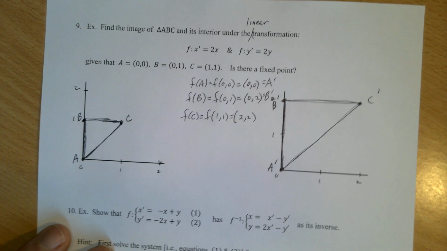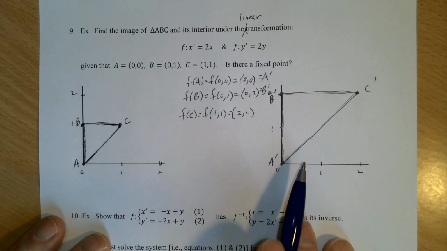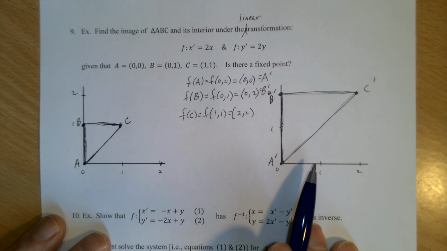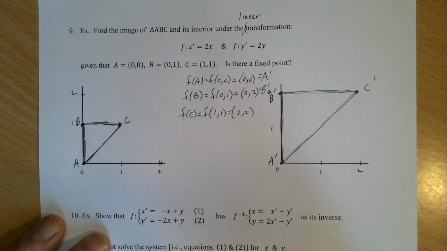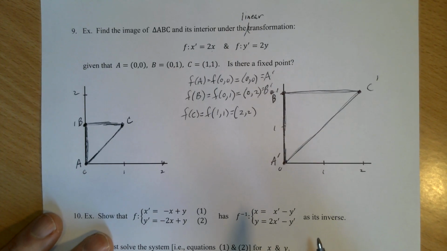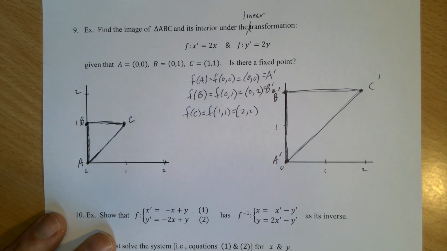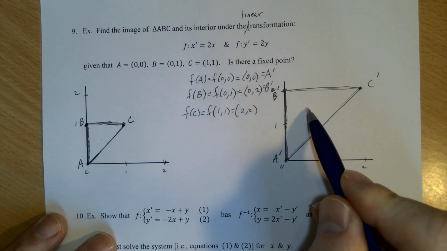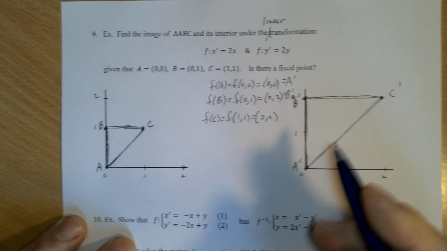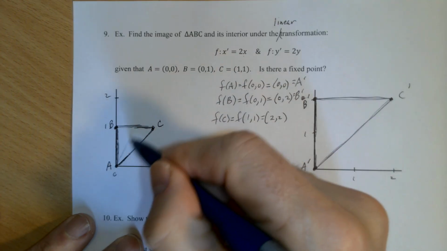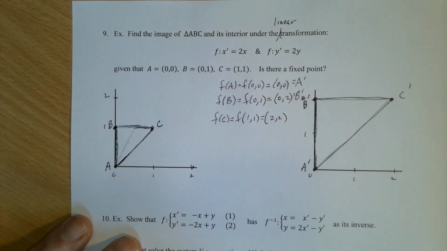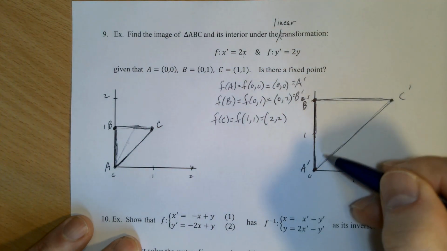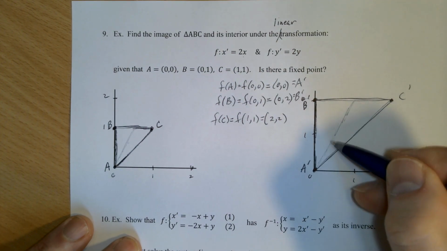So the triangle itself looks like it just kind of got stretched bigger. And hopefully it's easy for you to see that the interior of this triangle will get mapped to the interior of this triangle. One way of picturing it is, if you took that line segment, it's going to get mapped to this line segment.